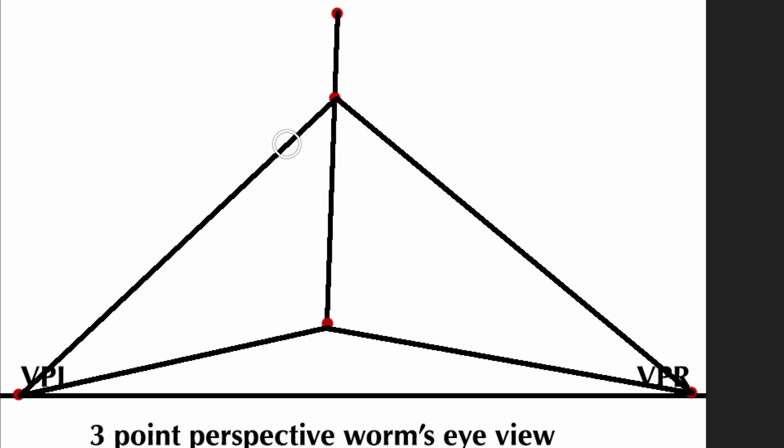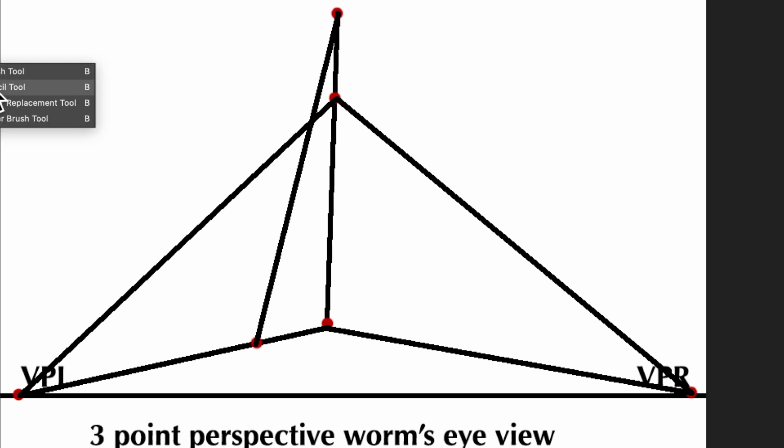So if I establish a point here, I can establish it down here, and that's going to be point C. And then I'm going to draw from point C back to the third vanishing point. And where that line intersects with that first receding line is going to be my point D.